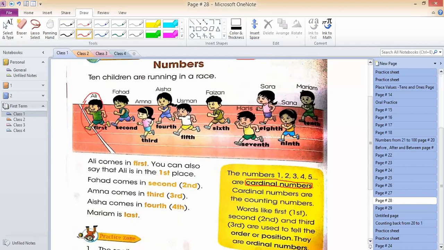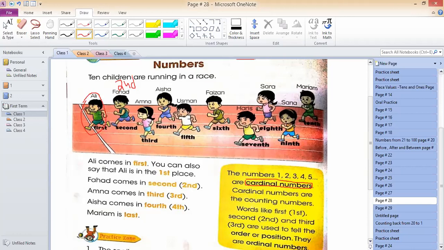So he is the first one who will finish the race. So Ali comes first in the race, whereas Fahad is at second position, because before Fahad, there is Ali who already finished, and Fahad is ahead of all the rest. So Fahad is the one who comes second.